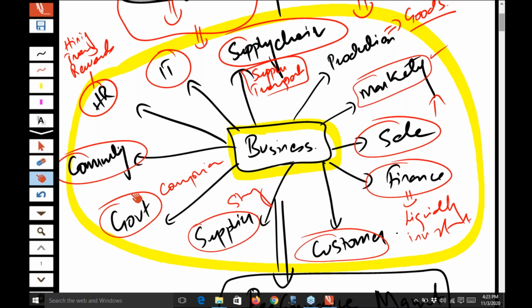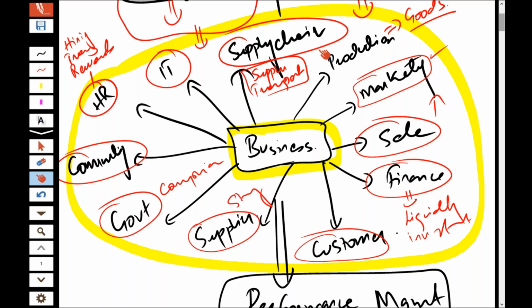Every single aspect of the business, you have to ensure that it is operating properly. So when you have to understand what performance management is, you have to assume as if you are running your own business, and whatever aspects you have to manage in running a business, all those aspects actually constitute performance management.